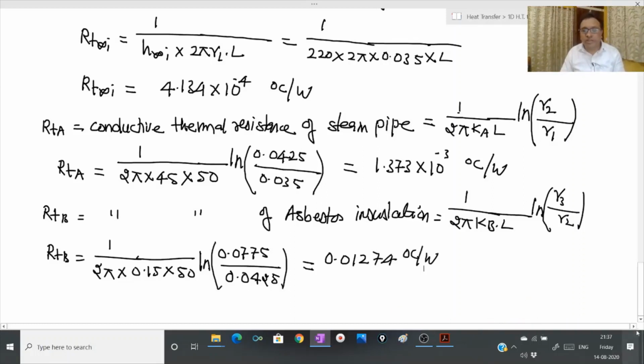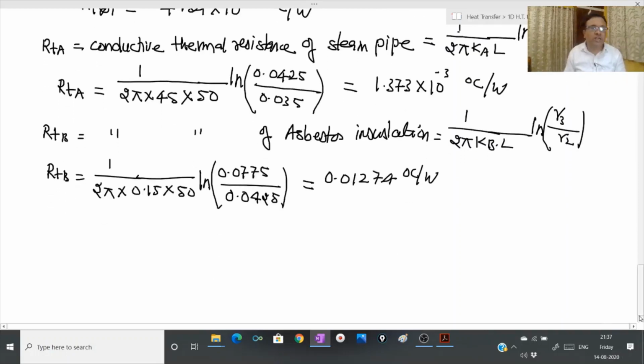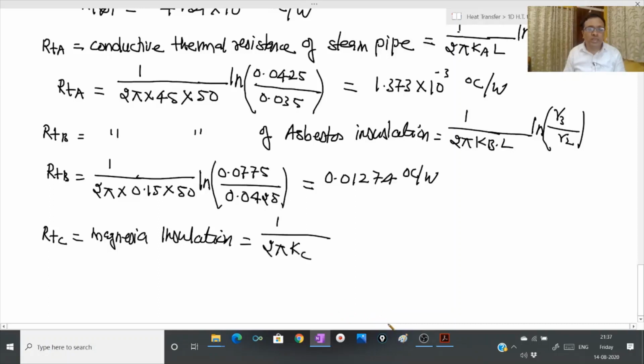In a similar fashion, I can calculate RTC, that is the conductive resistance for the magnesia insulation, and this can be given as 1 over 2 pi KC L log of R4 over R3.